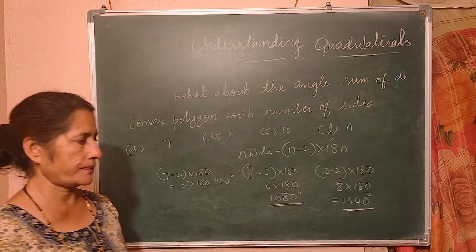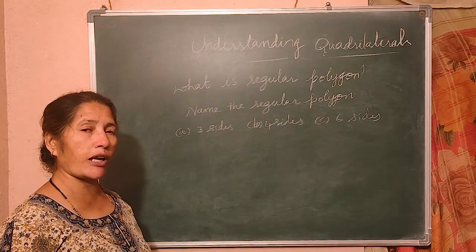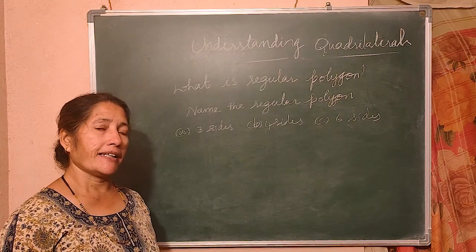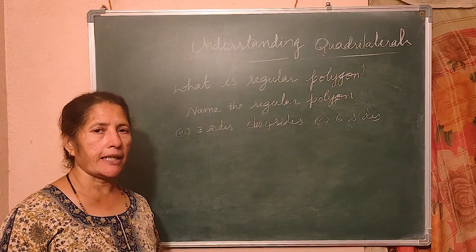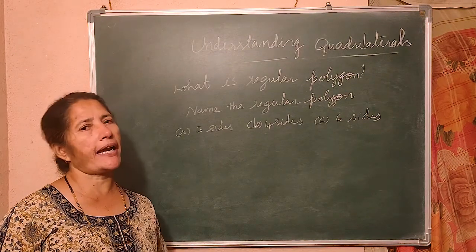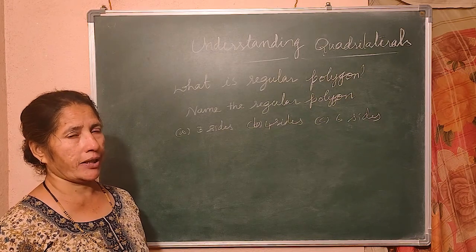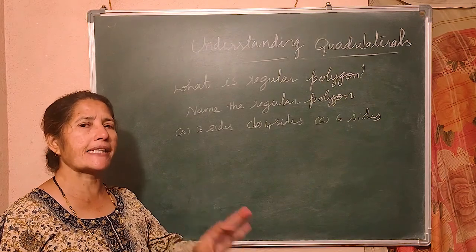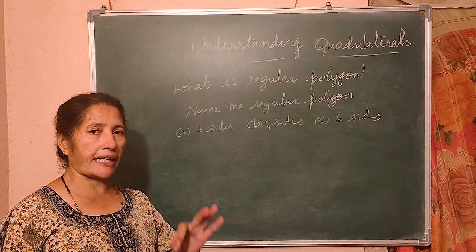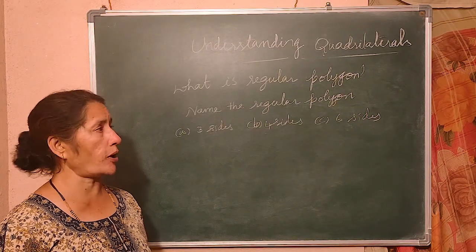Is it clear? Next question is, what is a regular polygon? What did I say? The polygon which is equilateral and equiangular, where all the sides are equal and all the angles are equal, is called a regular polygon.